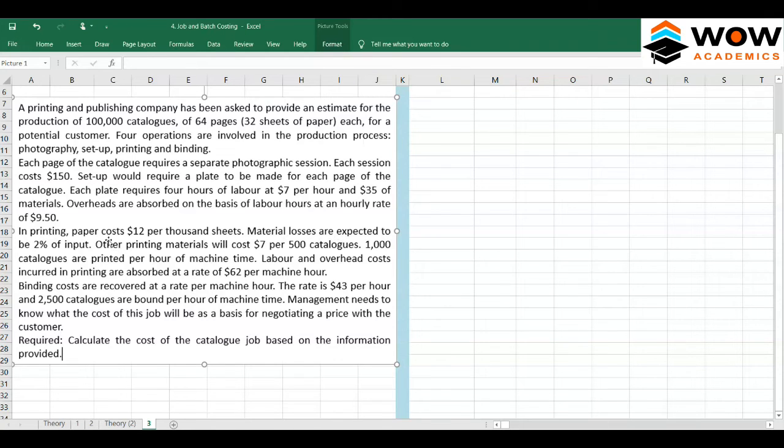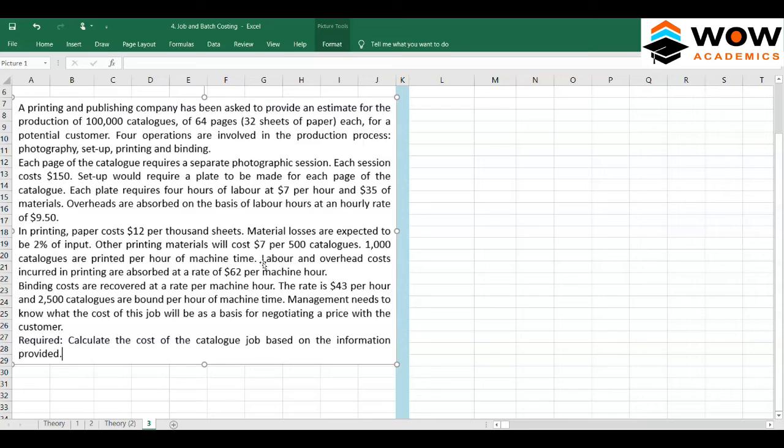So however much we input, 2% will be lost. So we have to put more input, not just 32 sheets. Other printing material will cost $7 per 500 catalogs. For every 500 catalogs, we have to pay $7 for material. 1,000 catalogs are printed per hour of machine time. That gives the hours.